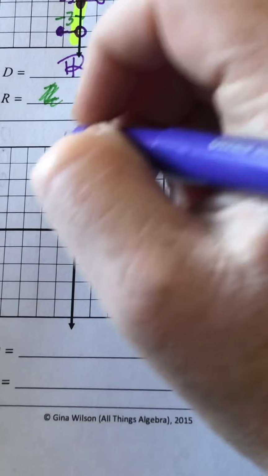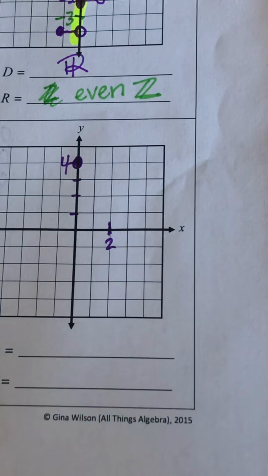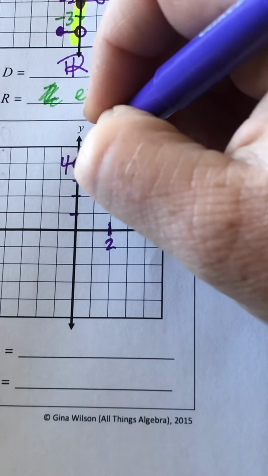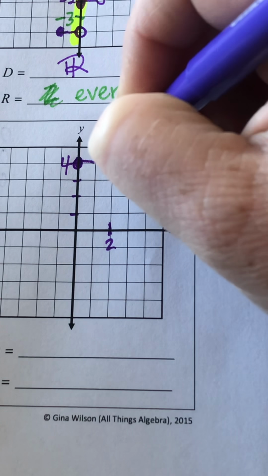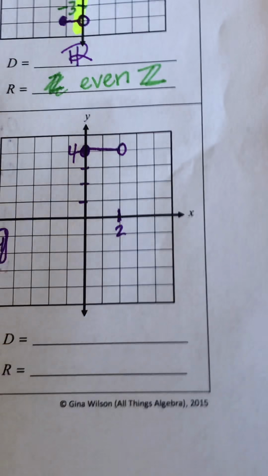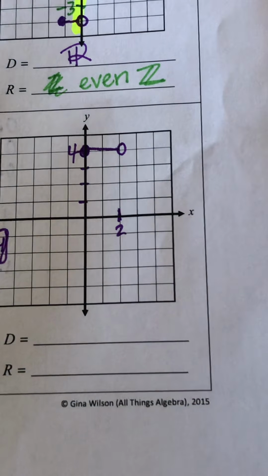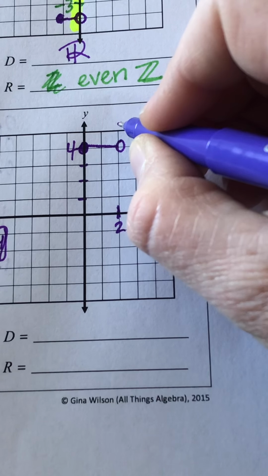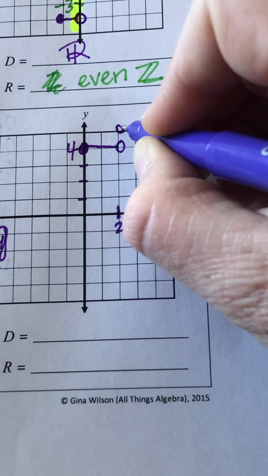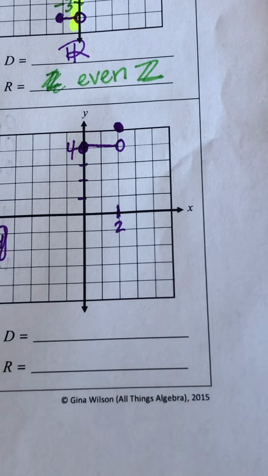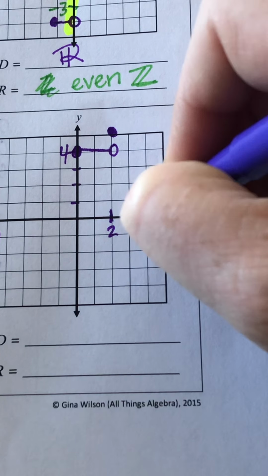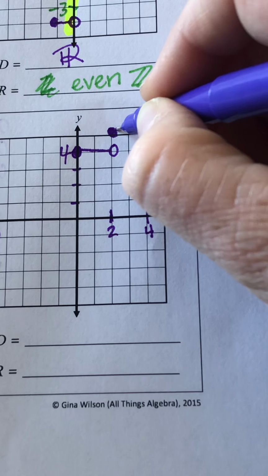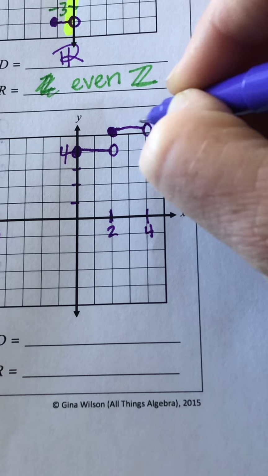All right, so at 0, I have a closed circle, and the value is 4 until I hit 2. Okay? Then at 2, my value jumps to 5, and it actually stays 5 until I hit 4. And that value will jump up.